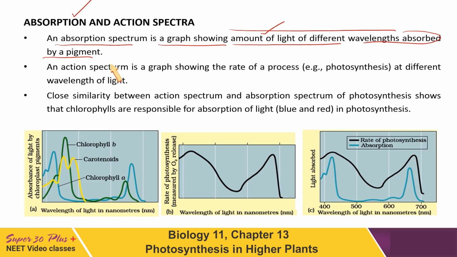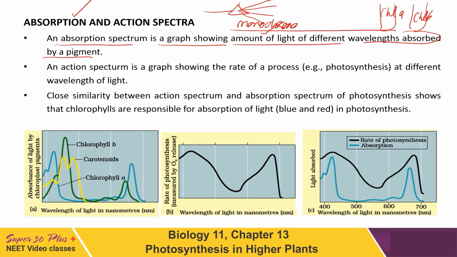Let us have the pigments here. Let this be chlorophyll A in one tube, and in the other tube let this one be chlorophyll B. So what is done? This is the prism. The light will be split up, and a monochromatic light will be given.